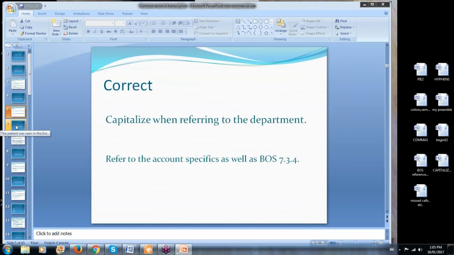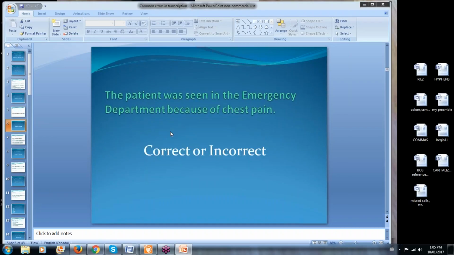Let's move on to the next one. Okay, the patient was seen in the emergency department because of her chest pain. Is this correct or incorrect? Trish is incorrect. Catherine, incorrect, incorrect.